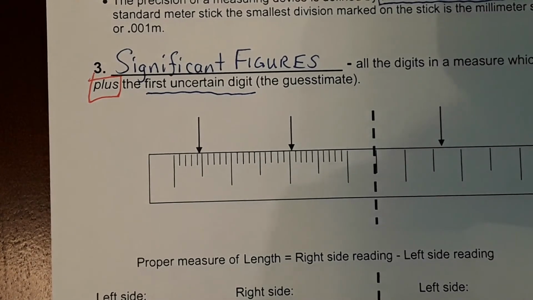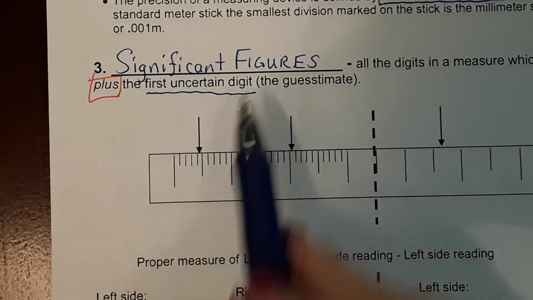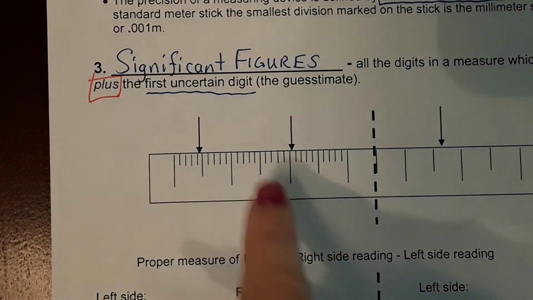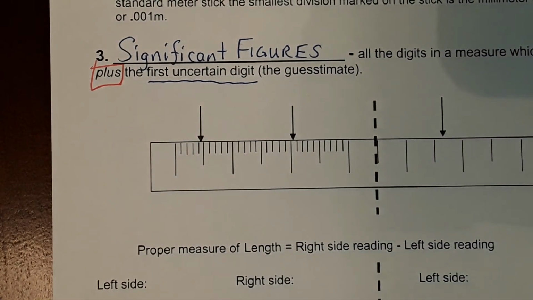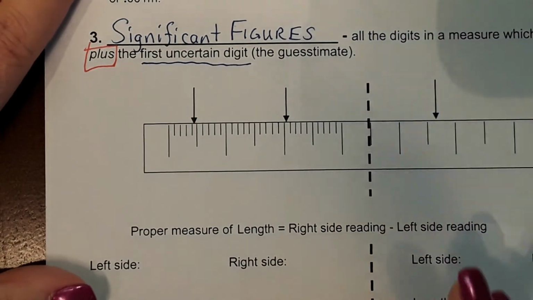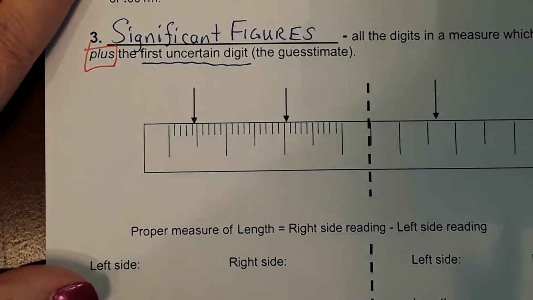So all the digits in a measure known for certain plus the first uncertain digit. That is the definition of significant figures. Now, where do significant figures come from? Well, right here on the device. Significant figures come from the device itself, and you are the one who reads them off and writes them down.